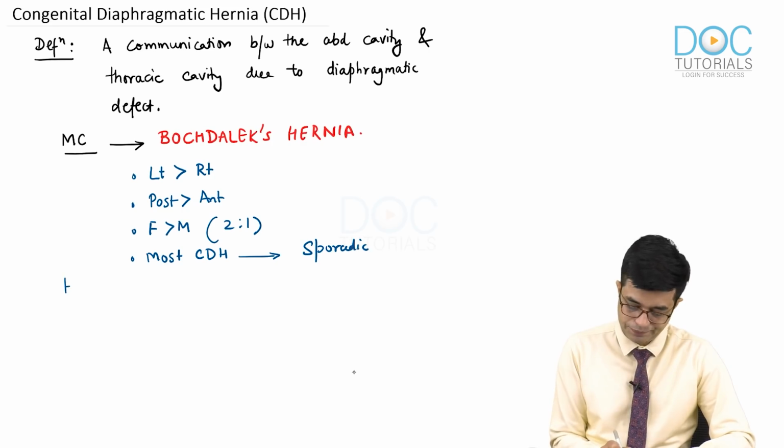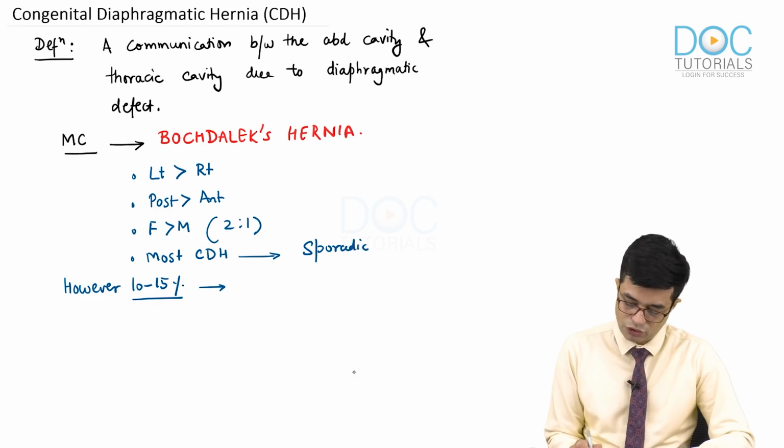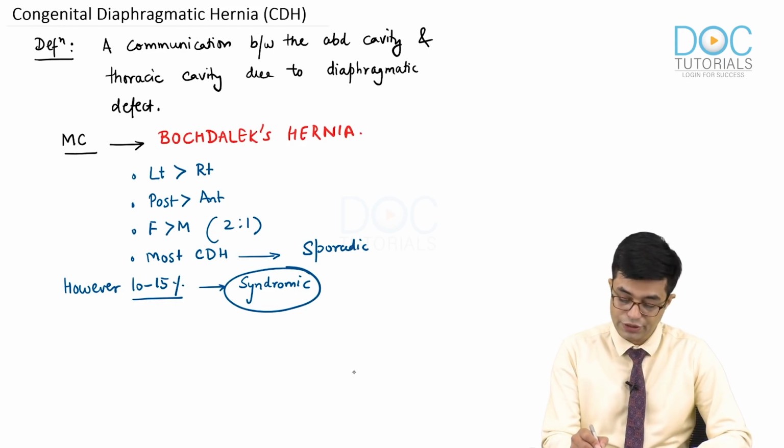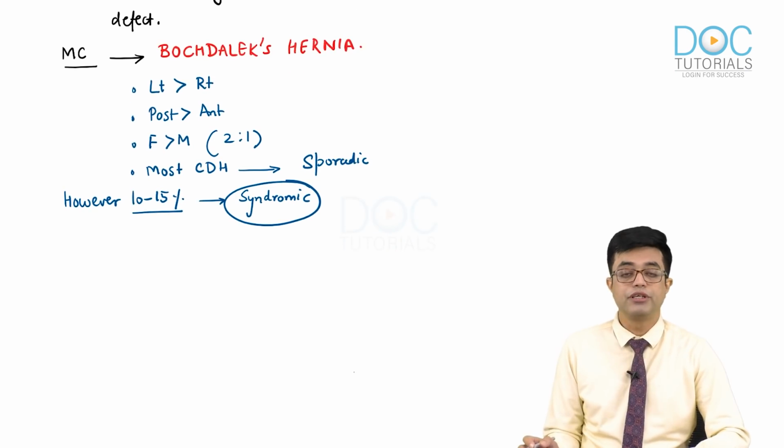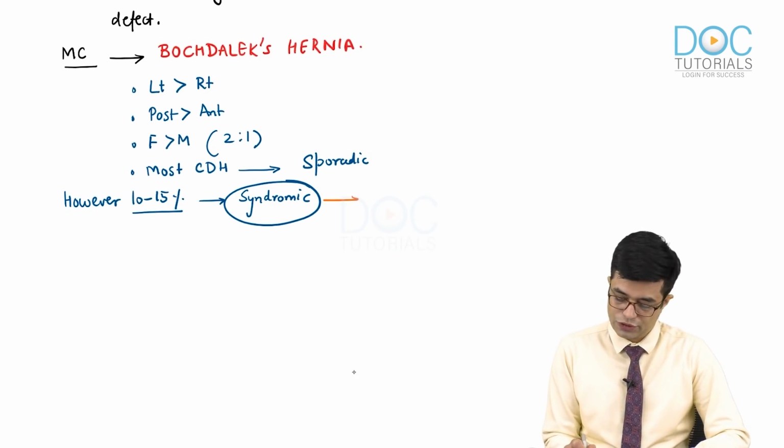However, about 10 to 15% of patients are found to be part of a syndrome. So we call it syndromic diaphragmatic hernia. So the obvious MCQ arises: what are the common syndromes which can be associated with diaphragmatic hernia? First common syndrome is trisomy 21, that is Down syndrome.